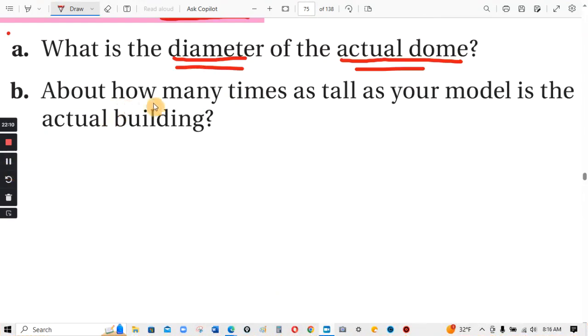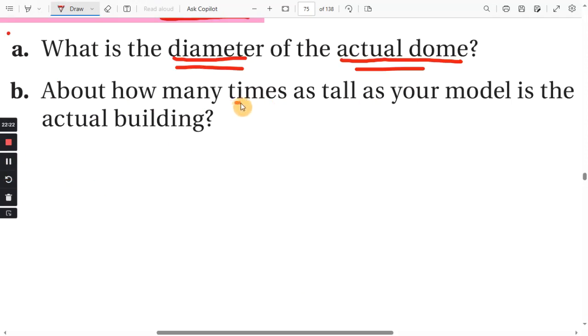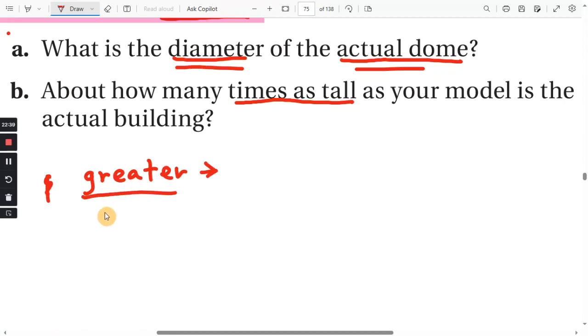Part B, about how many times as tall as your model is the actual building. All right, so let's see. Since I want to find out how many times taller as your model is the actual building, I am going to put the larger, or I could say greater number in the numerator and the lesser number in the denominator, since I want to know how many times bigger it is.